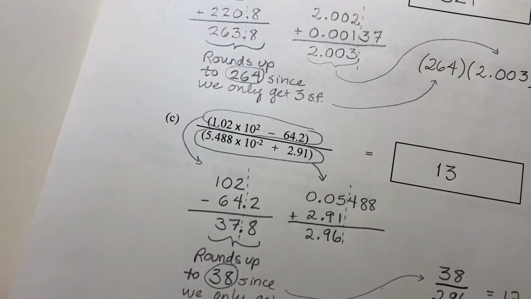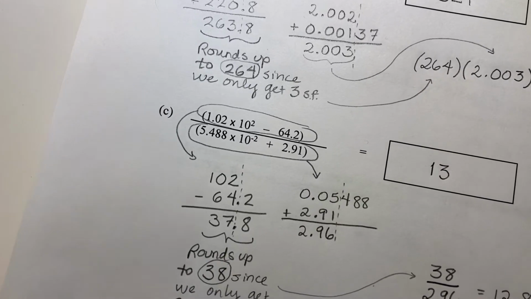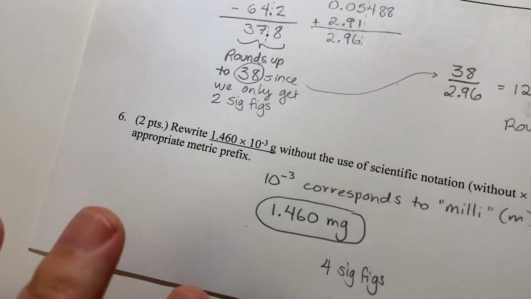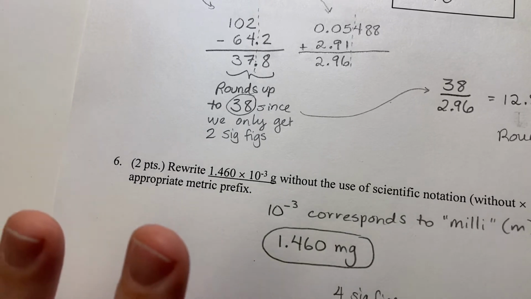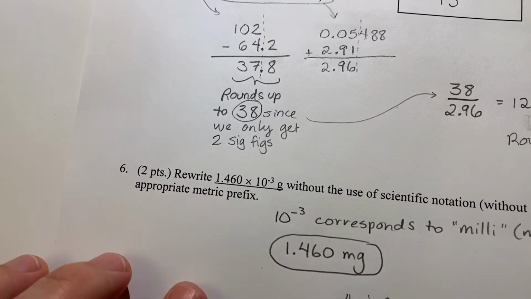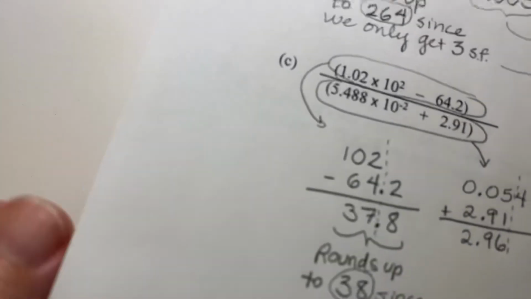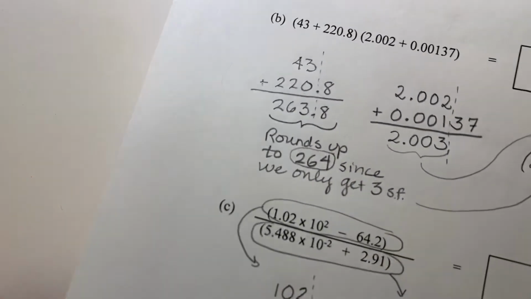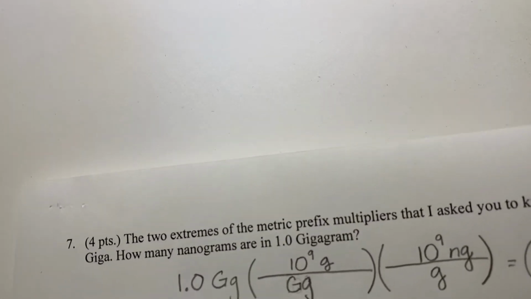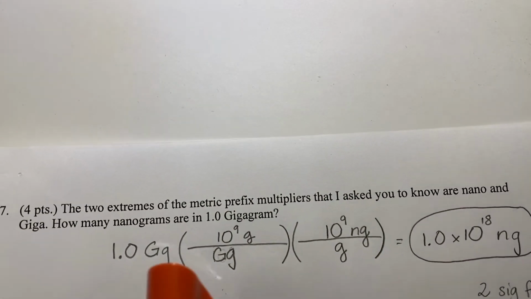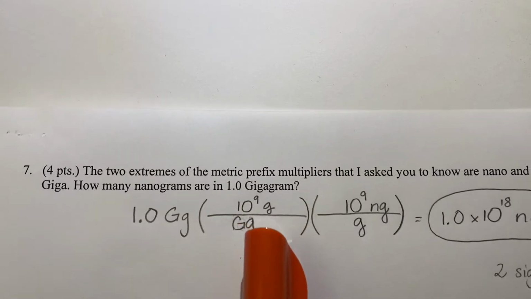So we went through a few of those, but really this is what I want to talk more about in this particular video. And this has to do with unit conversions. And I want to go through some examples of this. And here's one of them.